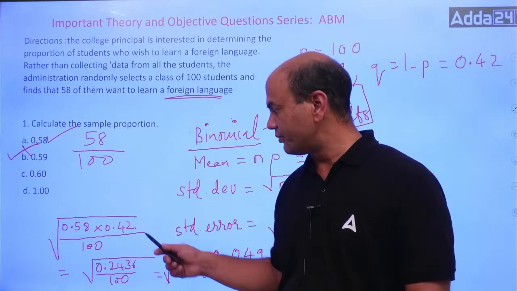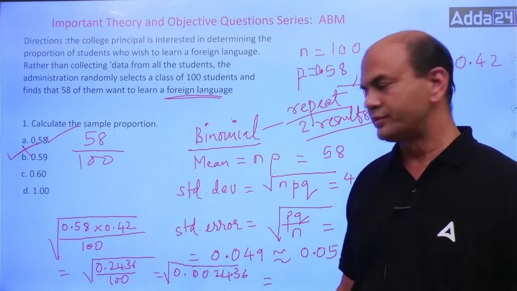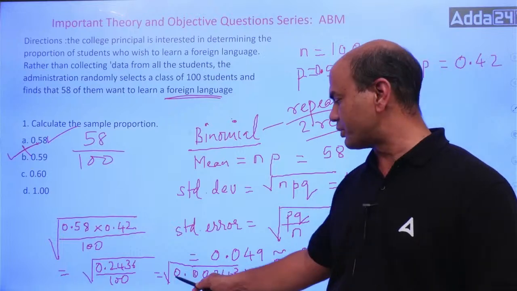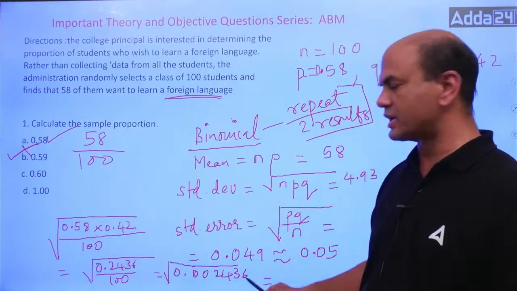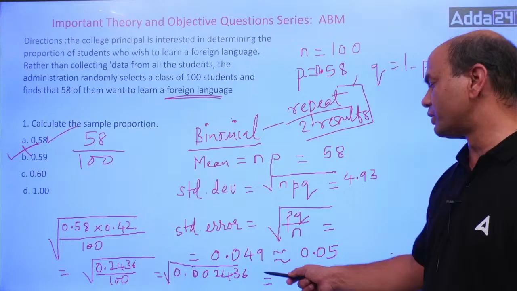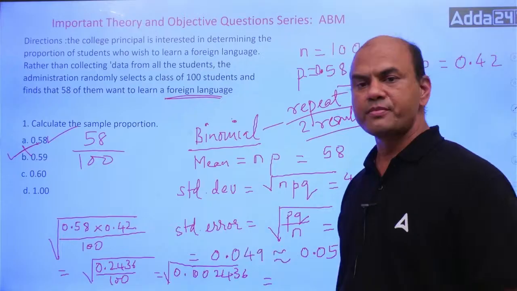Okay, so 0.2436 upon 100. You must get this as square root of 0.00436. So are you getting this? If you do it, what will be the square root of this? How many of you are getting this 0.049?